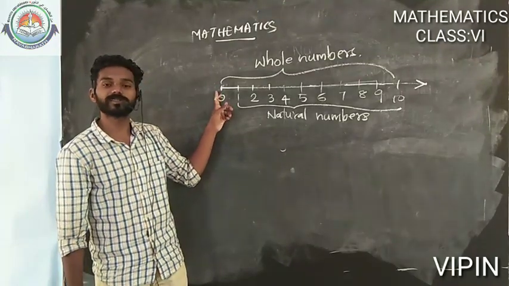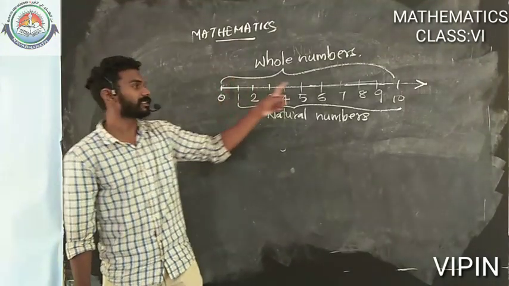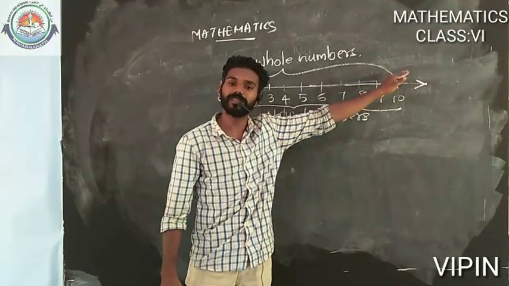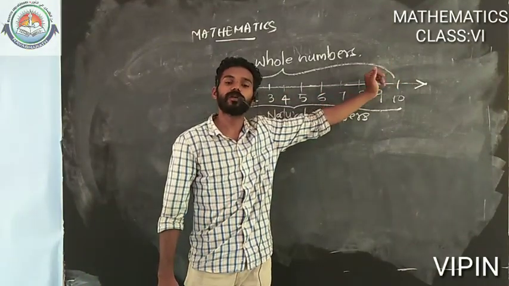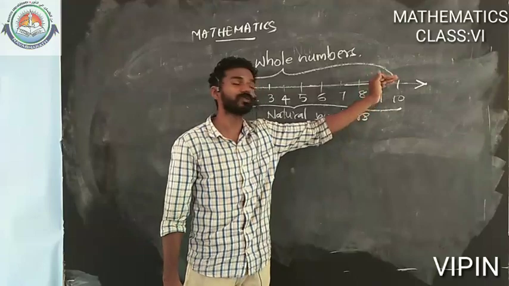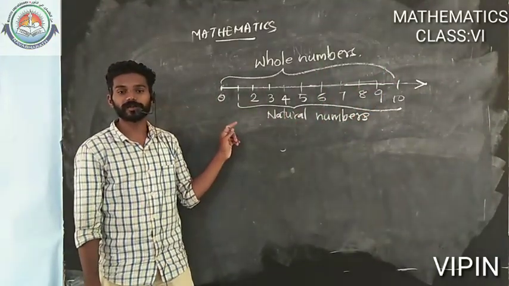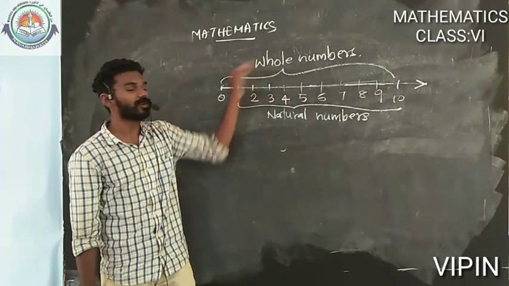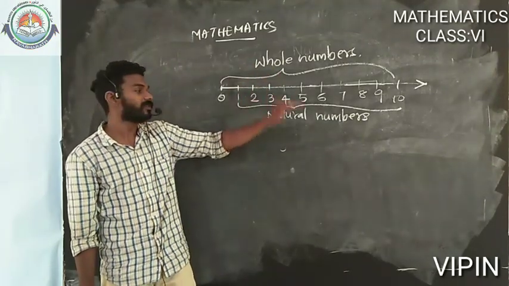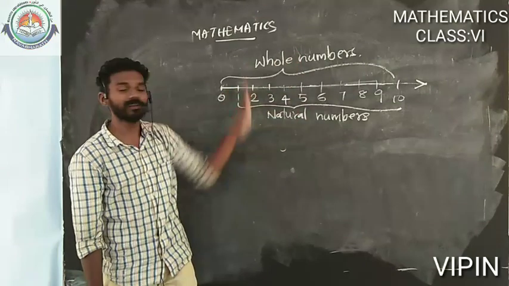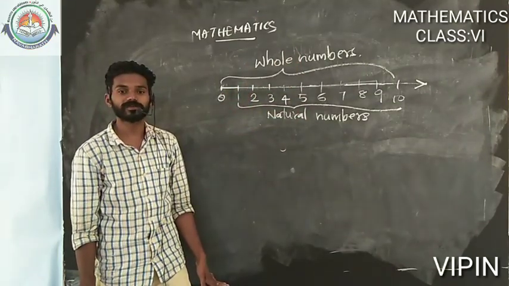It is the smallest whole number. And it extends up to infinity. It also does not terminate. It also does not have an end. Clear? So that's all about the basics of natural numbers and whole numbers.